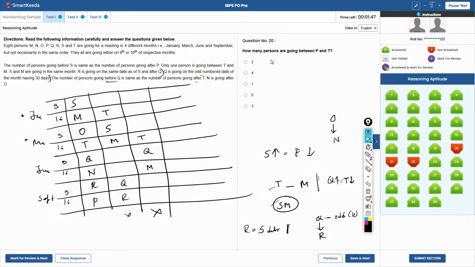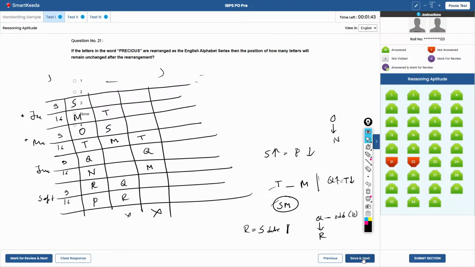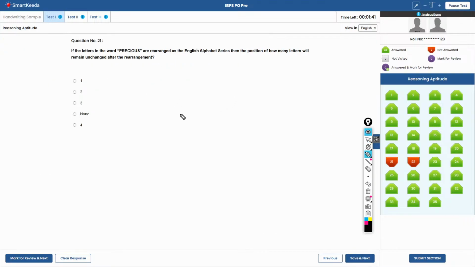How many persons are going between P and T? P and T, 3. Okay.